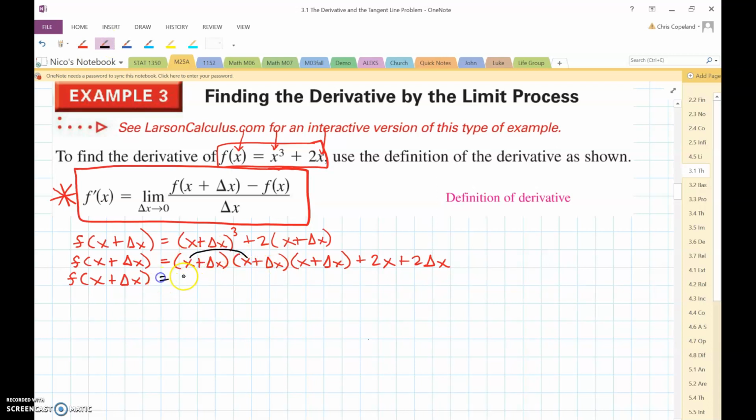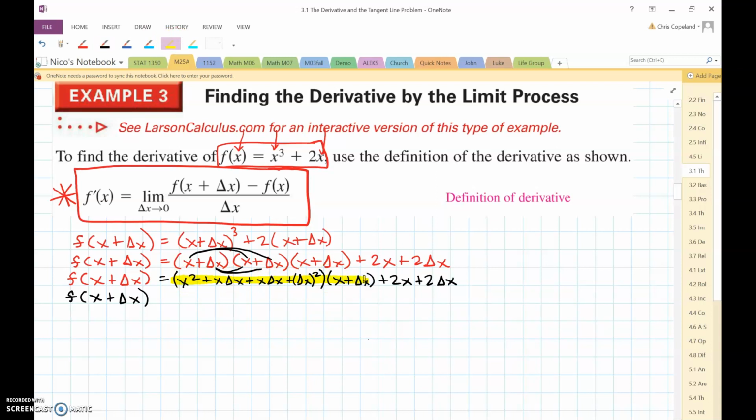So that will give me x squared plus x delta x plus x delta x plus delta x squared, and then that would be multiplied by x plus delta x plus 2x plus 2 delta x. Then f of x plus delta x. Now I'm going to have to multiply all of this together.